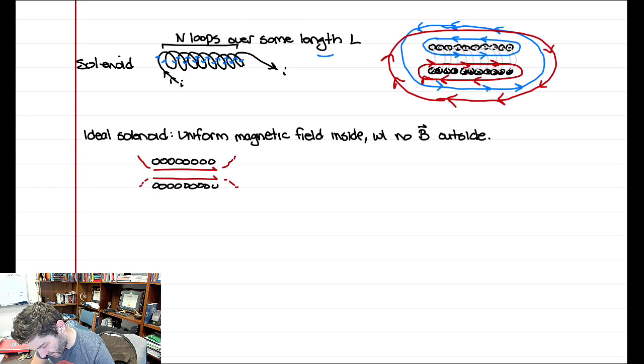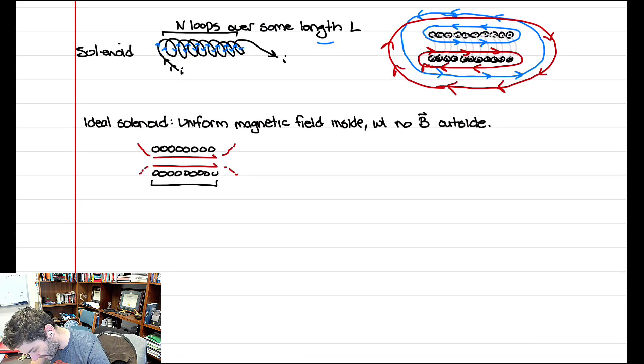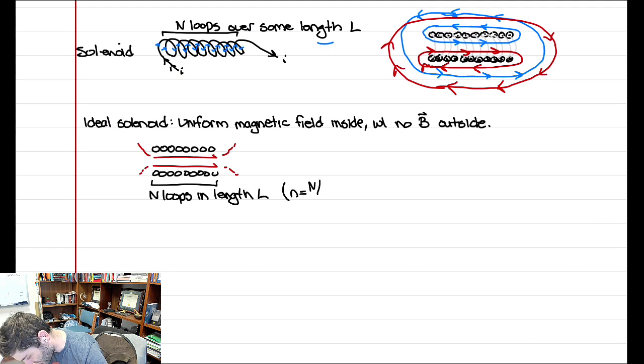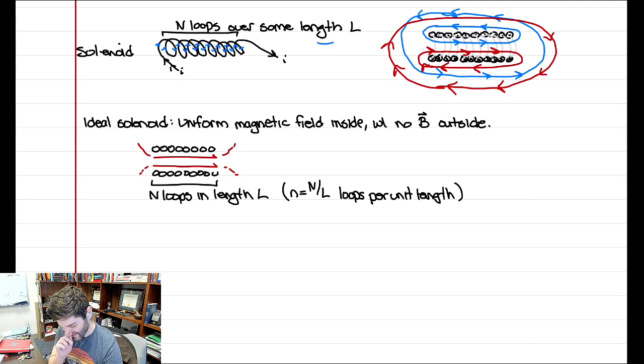And again, if there are N loops in a length L, I can call little n as capital N divided by L, the loops per unit length. How many loops per inch or whatever exists within the solenoid.